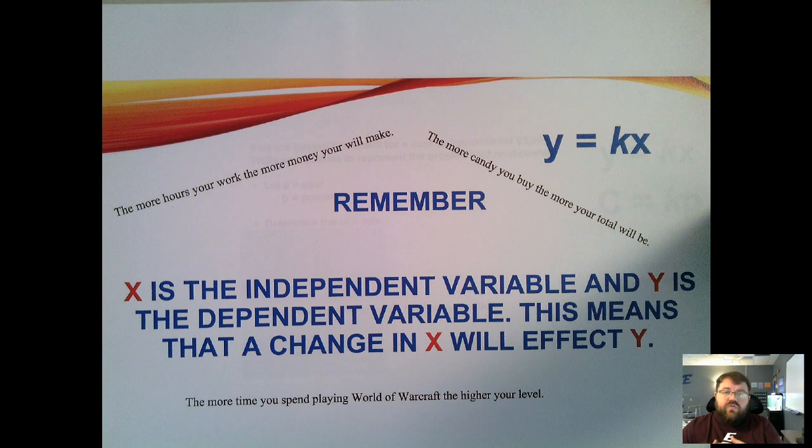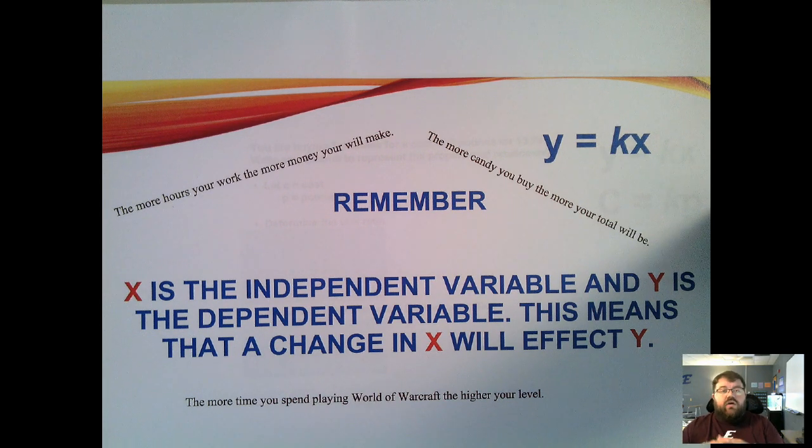The more you purchase at a store, the more your bill is going to be. So if somebody was going and buying, let's say, shirts, if you buy one shirt, it's going to cost less than if you buy two of that same shirt.